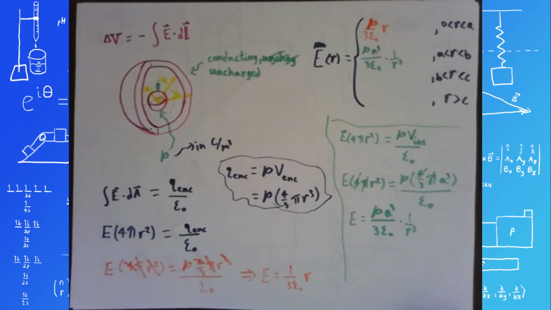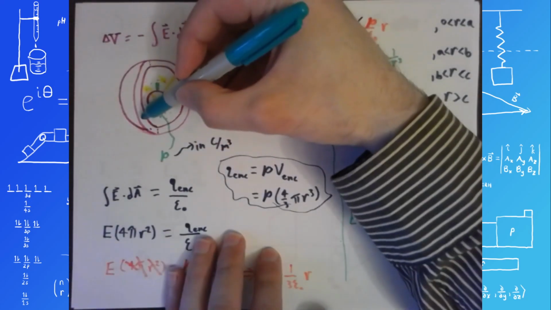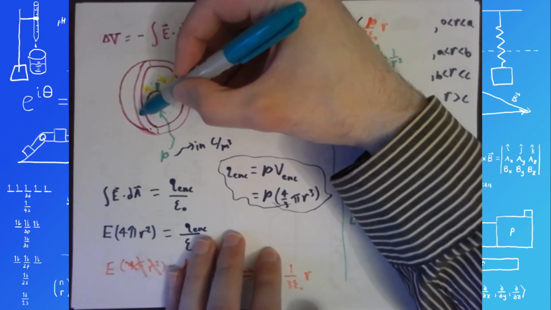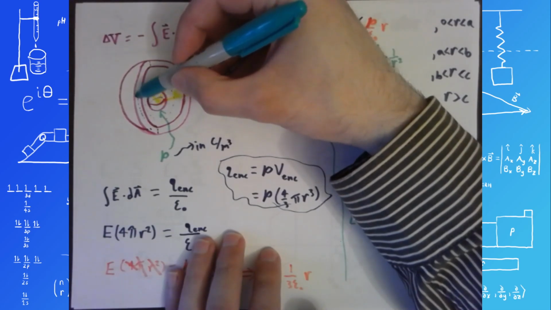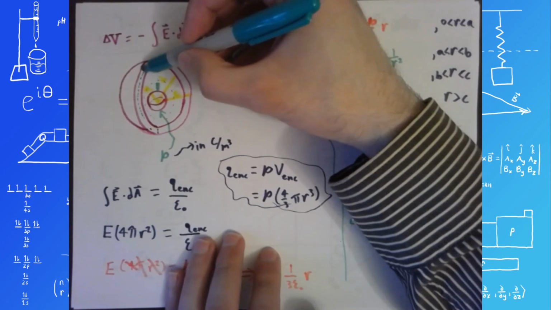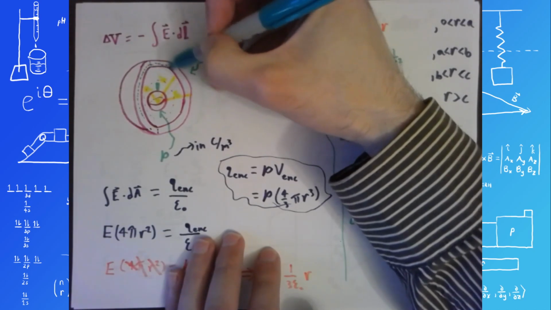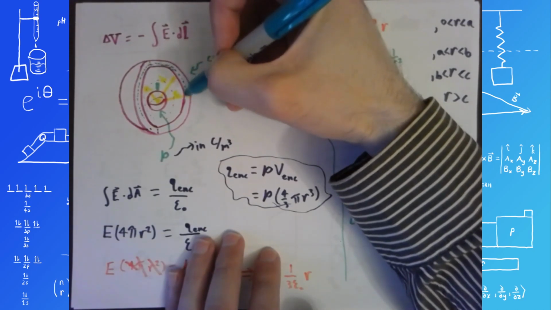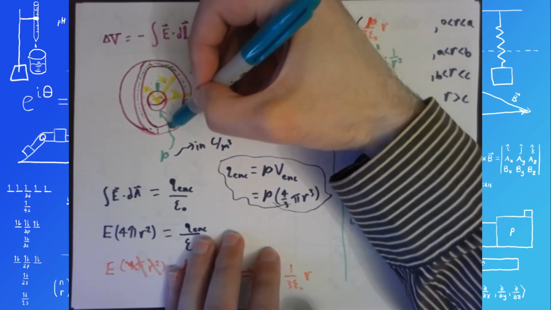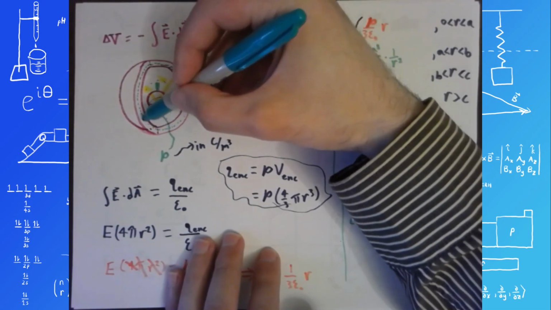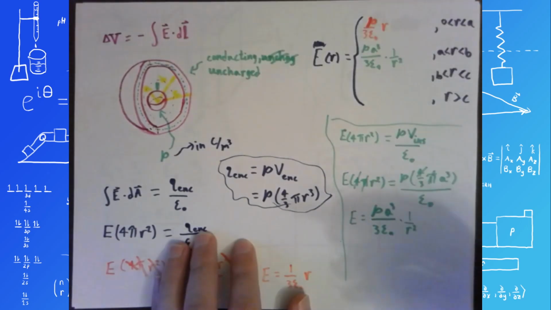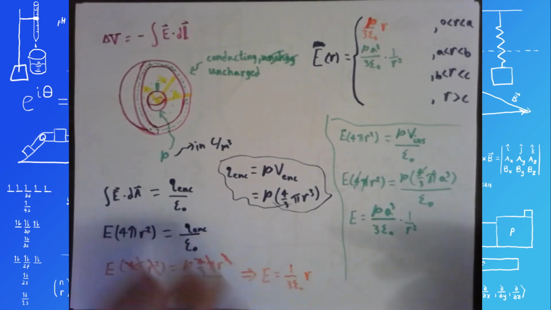Third region of interest is easy. Our third region of interest is going to be right here, where r is between b and c. So if you draw a Gaussian sphere of radius between b and c, we see that it has its surface right inside of the conductor, right within the bulk of the conductor. So we already know what the electric field within the bulk of a conductor must be.